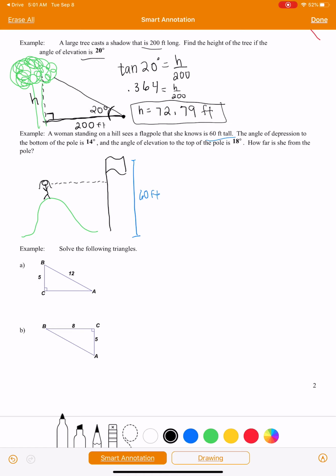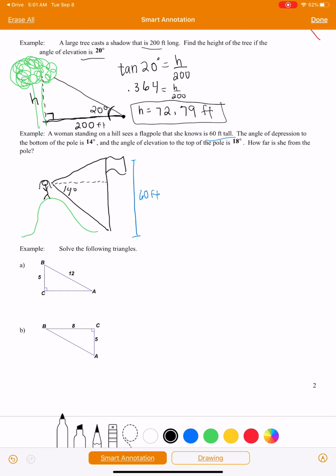So if she's looking up at the top of the flagpole, that is going to be the angle of elevation. And if she's looking down at the bottom of the flagpole, that's going to be the angle of depression. So this angle from the horizontal line looking down at the bottom of the pole is the angle of depression. So we were just told that's 14 degrees.